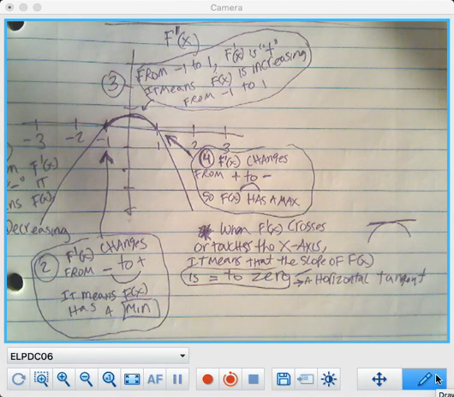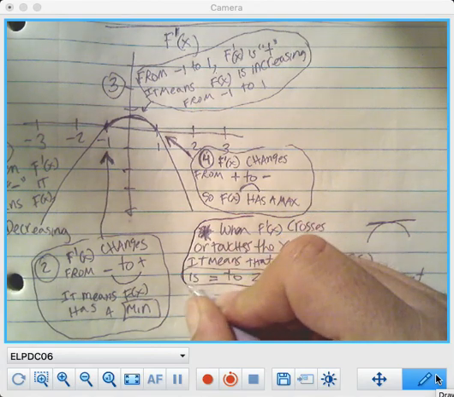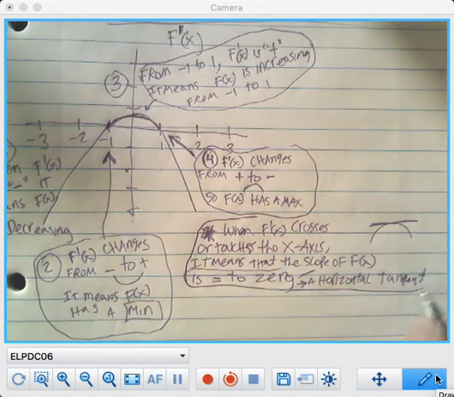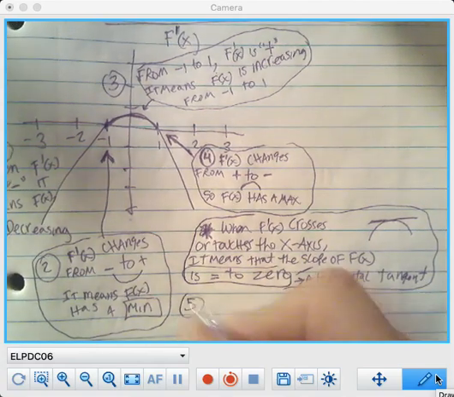And the last thing I have, let me close this so we don't get confused. And then number 5, I have it right here below.